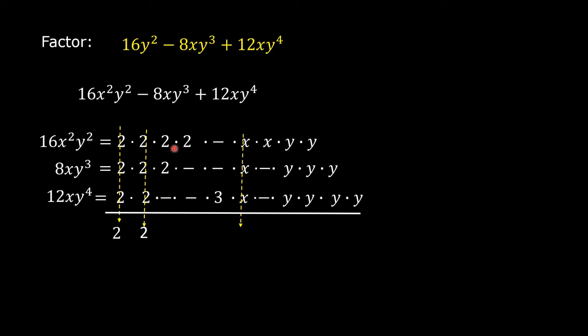Then bring down y and then bring down y and then multiply 2 times 2 times x times y times y is 4xy squared.